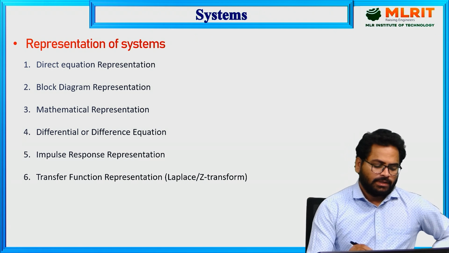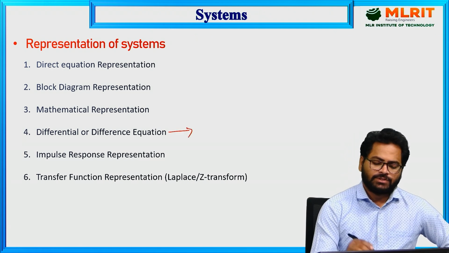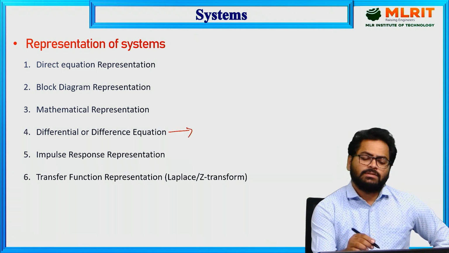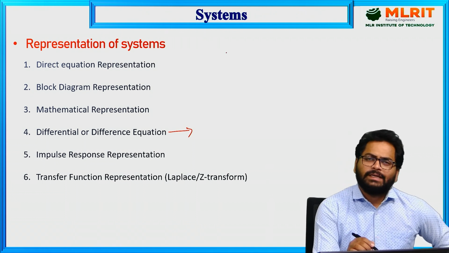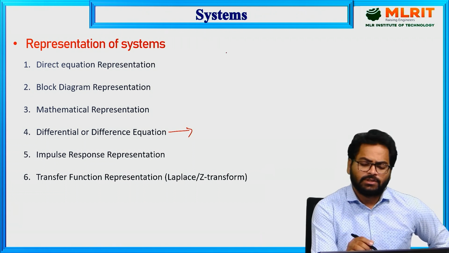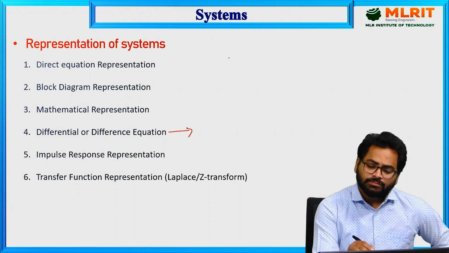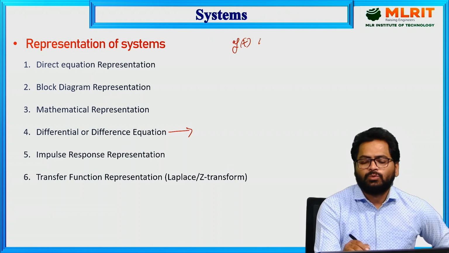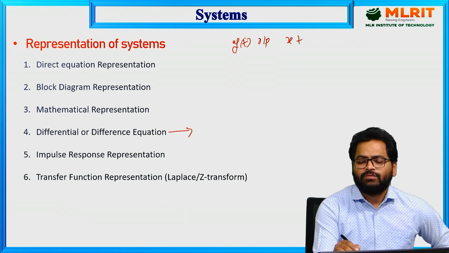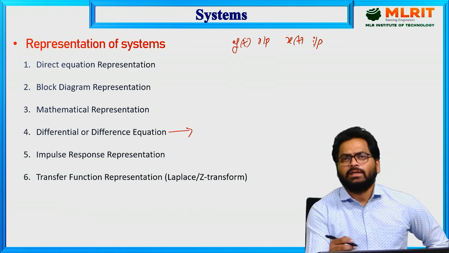Next one, differential or difference equation. Differential equation means you need to represent the system in terms of differential terms. As you know, suppose Y of t is my output and X of t is the input. How are you relating the input and output?